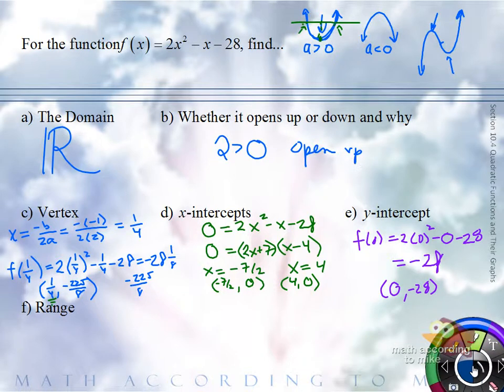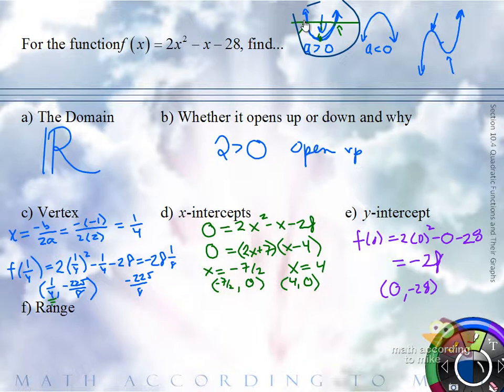Okay. So in part B, we know the graph opens up, so it looks something like this. In part C, we know the lowest point on the graph is 1/4, -225/8. So what's the range? How far down to how far up does the graph go?